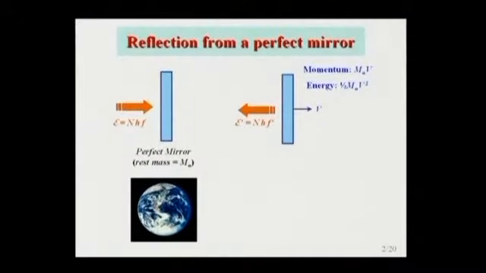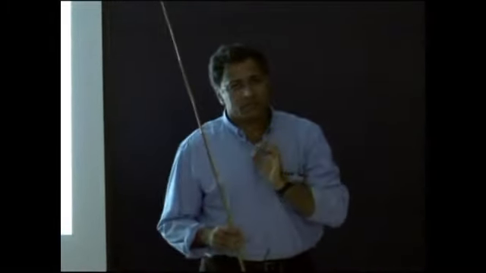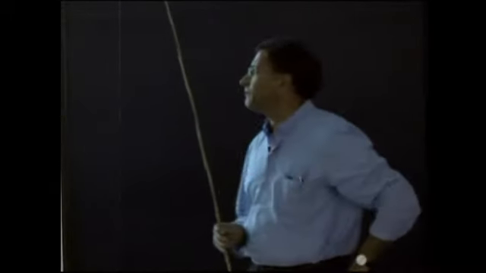So when the light gets reflected, its frequency will not be exactly the same. It's f prime, the same number of photons because no photons are absorbed, but the frequency is f prime. And therefore, the energy of the light pulse is different. It's E prime. And if the light is redshifted, so the frequency comes down, this energy is lower than the initial energy, and the difference goes into the kinetic energy. So the kinetic energy comes from the Doppler shift, the redshift of the incident pulse.